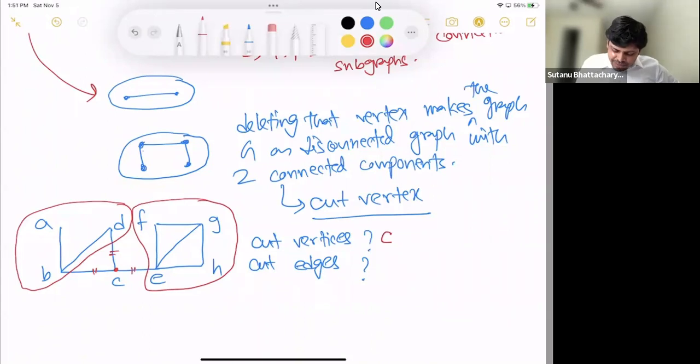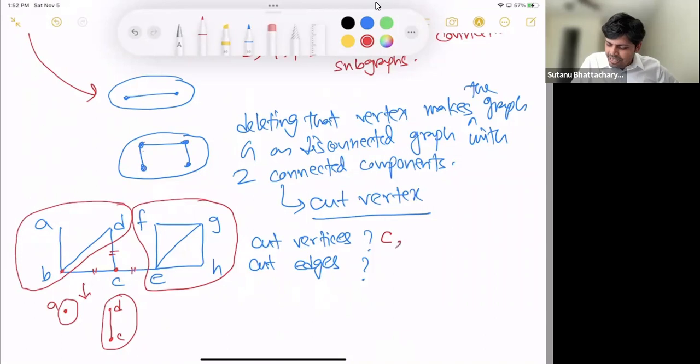Another one is B. If you delete B and all incident edges, then what will happen? It will look like this. This is BA and this would be D and C. If you think only of this small part, this is one component and this is another component, only a vertex, no edge. So if you delete B, you also make the graph disconnected.